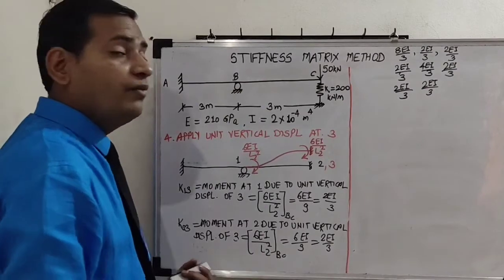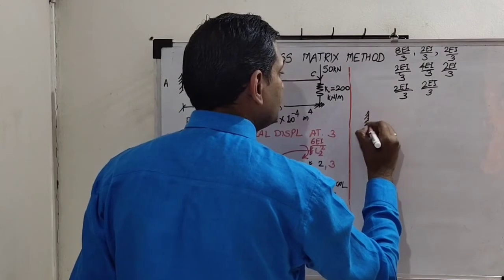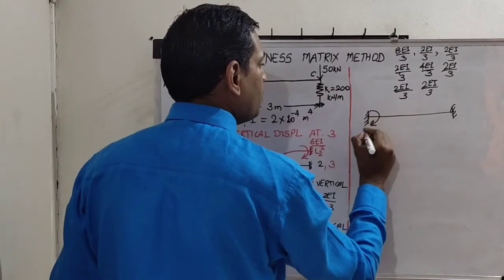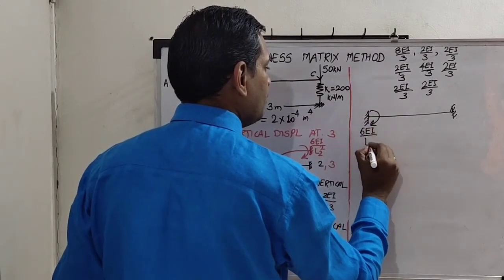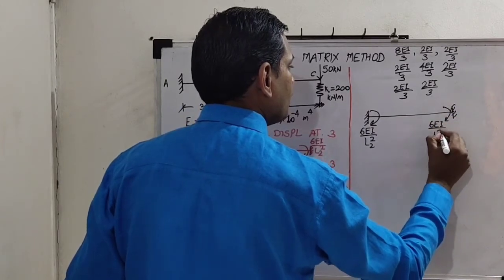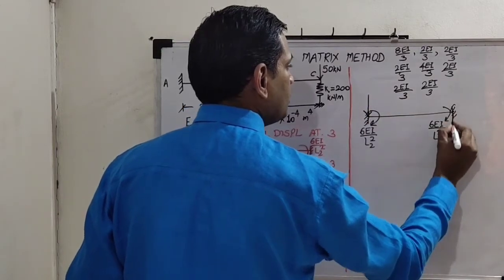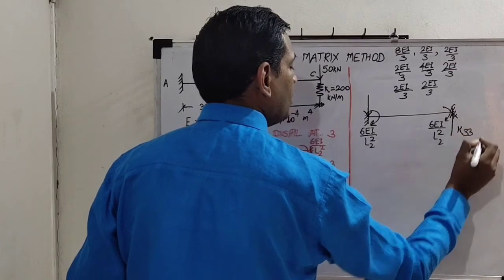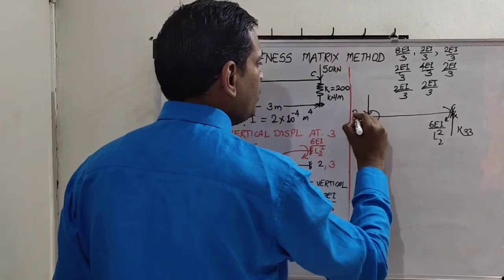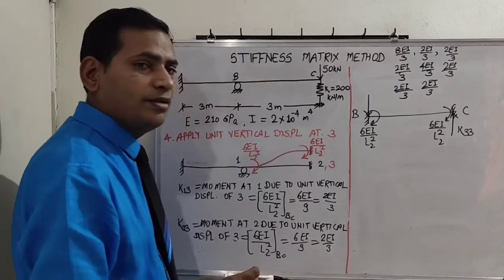So how to get it? We need reaction. So again take free body diagram of beam BC. So there are the reactions. What are the reactions? 6EI upon L2 square, both values. So here the reactions will be this downward, this upward. How have I selected? Again, net moment this beam is subjected to is a clockwise movement, so reactions should be creating anti-clockwise movement.